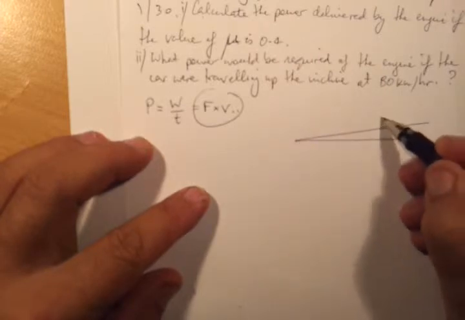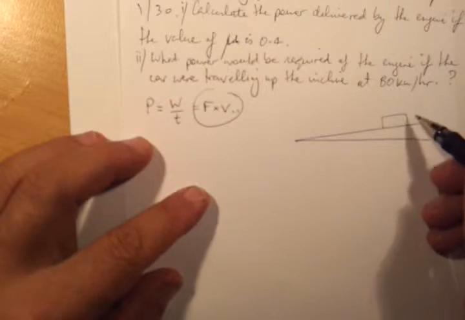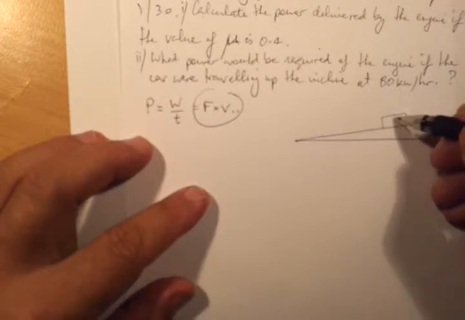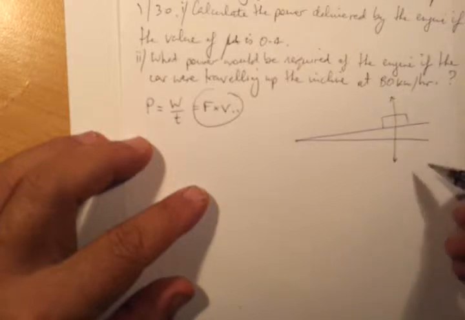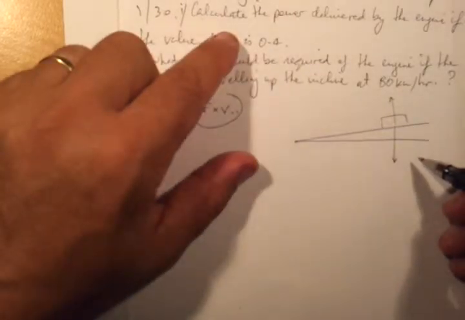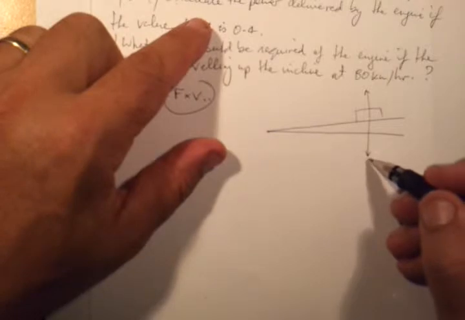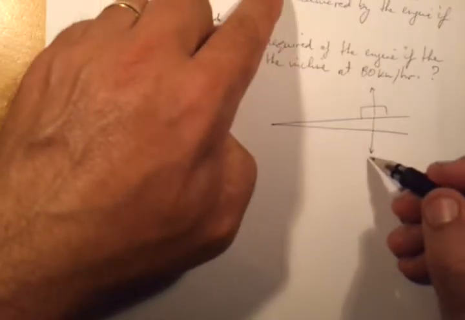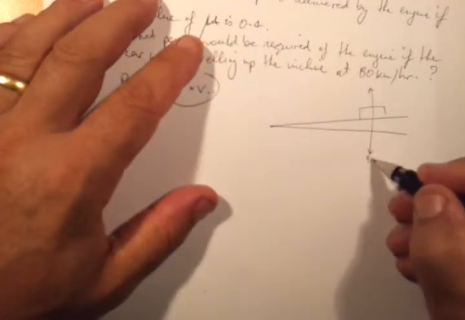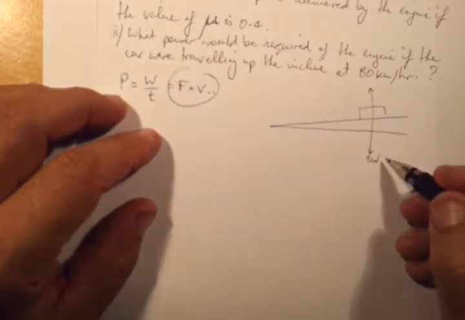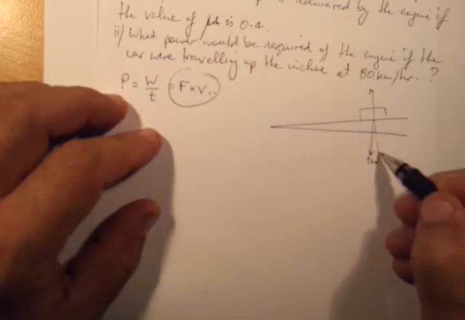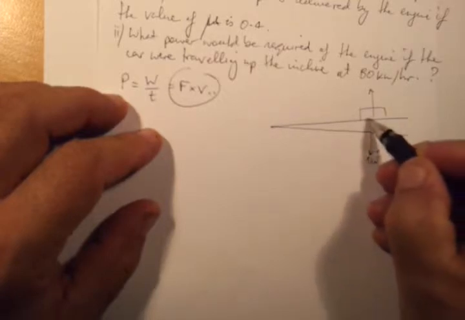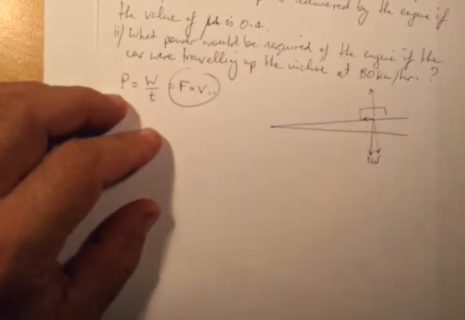We have our vehicle here, our car, and it's going to have a normal reaction force up here, and a weight force down here. We're told that the weight force is going to be 0.9 tons, so that will make it 9 kilonewtons acting downwards. Now we're going to need to split up that weight force into 2 smaller forces.